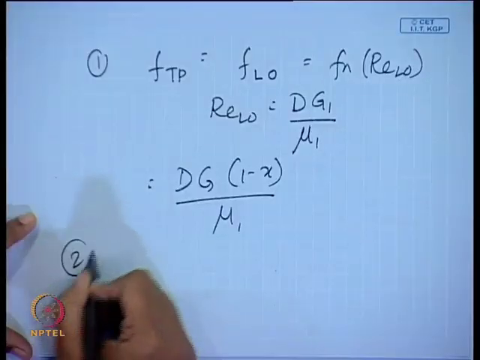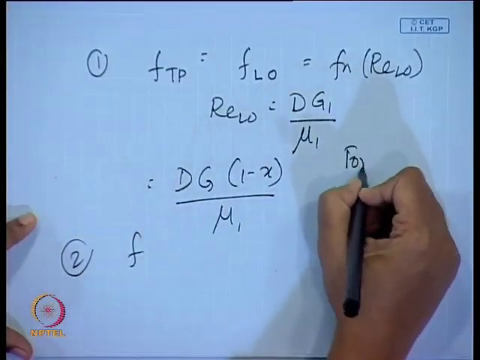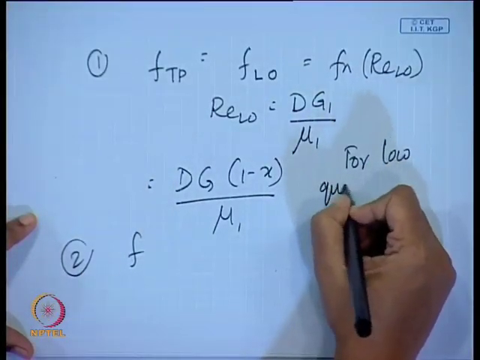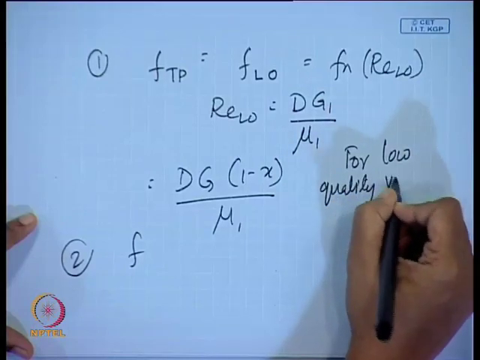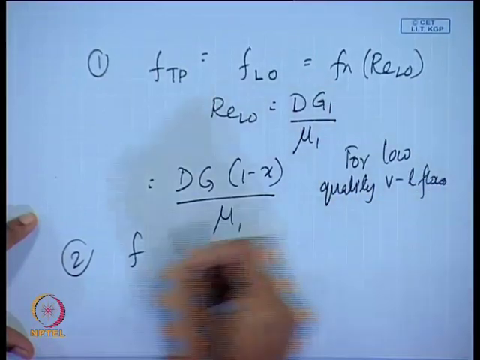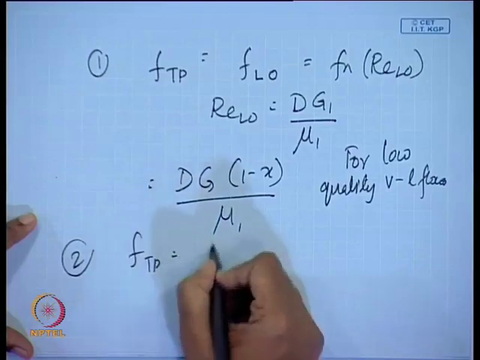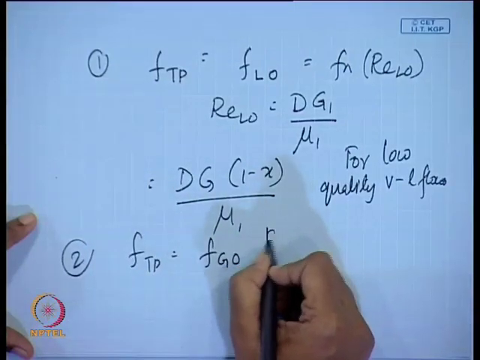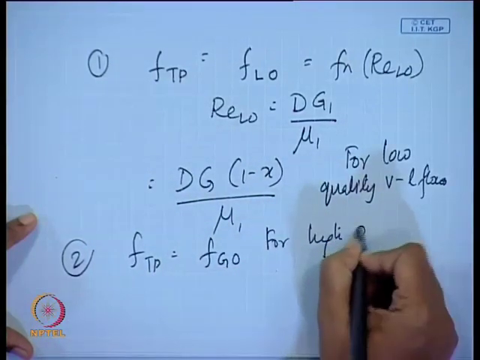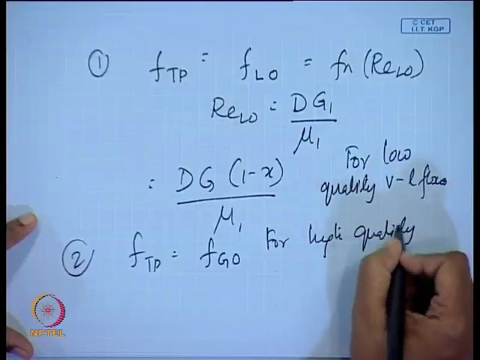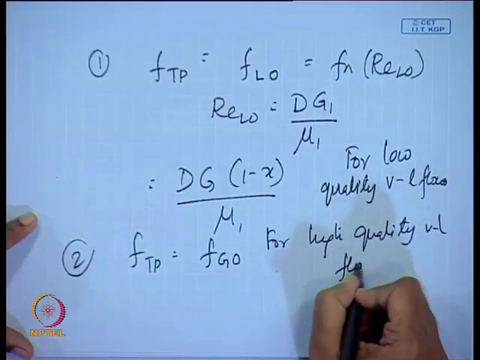Therefore, there are three definitions. One is this, for low quality vapor liquid flows. Then we can also assume this is equal to this for high quality vapor liquid flows.